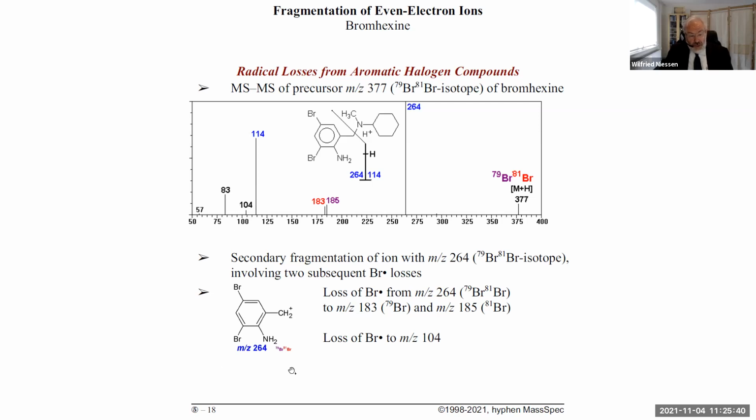So the 104 is this structure with two Br dots off. It's probably challenging to write a nice structure for that. Perhaps you have to propose some four-membered ring or so. But it's an even electron ion again, because we have an even m/z and one nitrogen. So in this particular case, we see the Br dot losses.